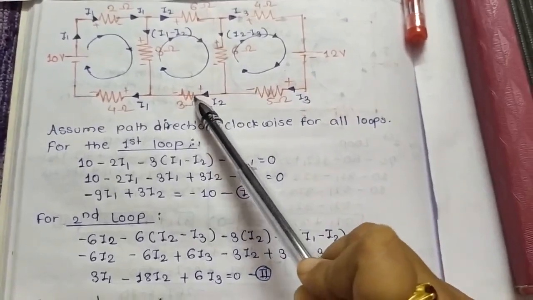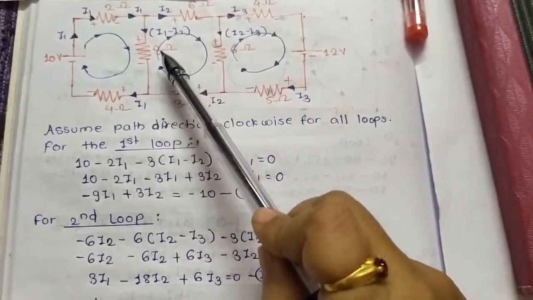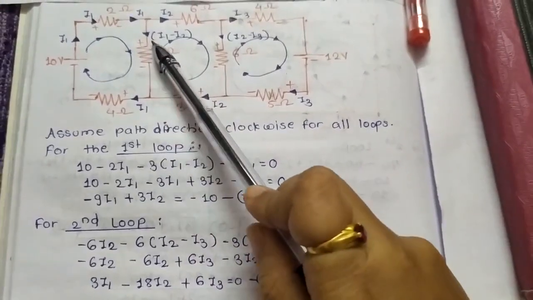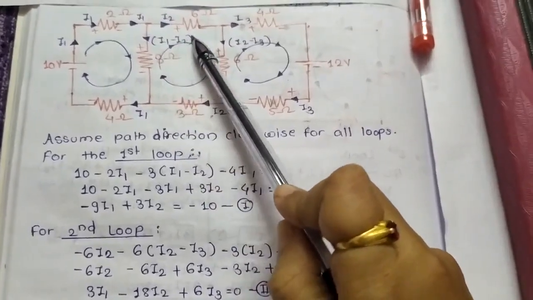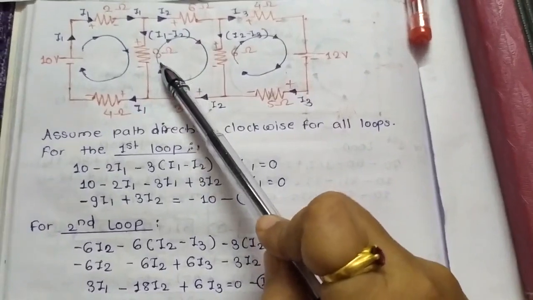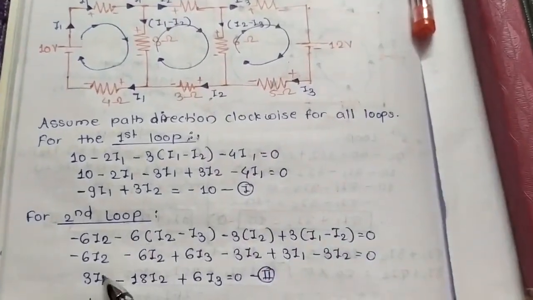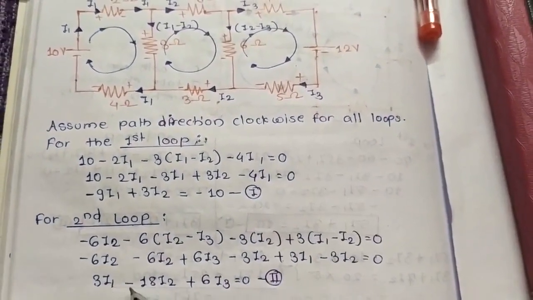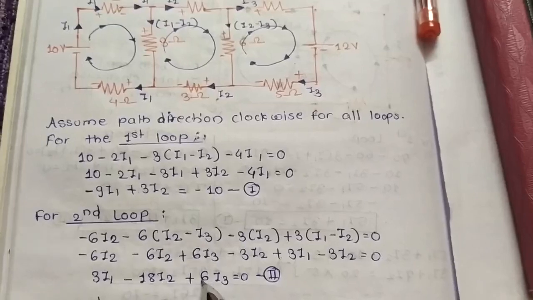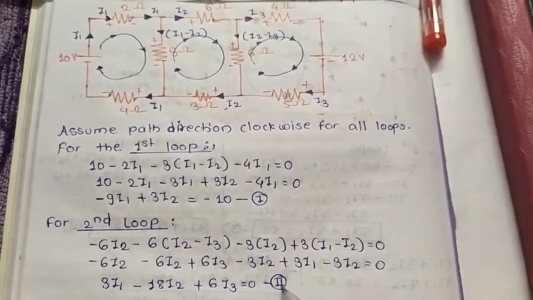Again minus 3 into I2, same reason, plus, but here current is flowing in this direction and loop going this direction, both are opposite, hence take plus. Simple mathematical calculation, we get 3I1 minus 18I2 plus 6I3 is equal to 0. This is the second loop equation.